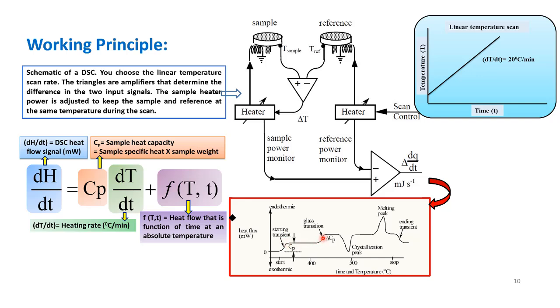Then again the bonds will start breaking and the glass transition will come, where the state of the polymer will change. From the solid it will start to become liquid. So this is the glass transition temperature at which it will change its state.